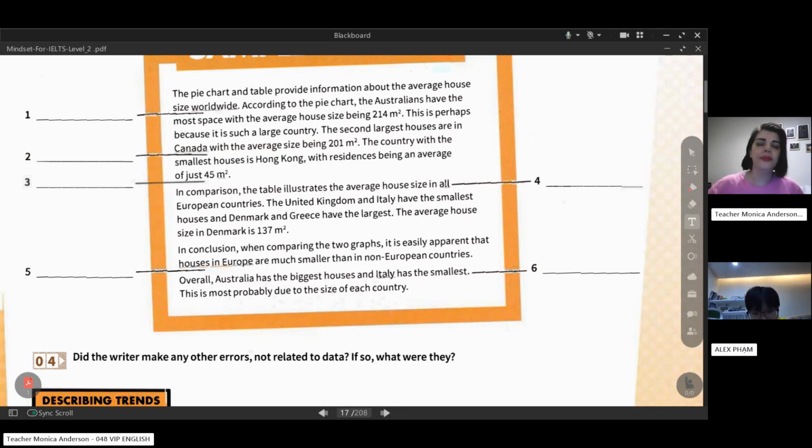In conclusion, when comparing the two graphs, it is easily apparent that houses in Europe are much smaller than in non-European countries. Overall, Australia has the biggest houses and Italy has the smallest. This is probably due to the size of each country.